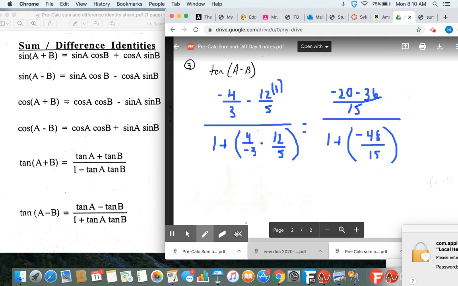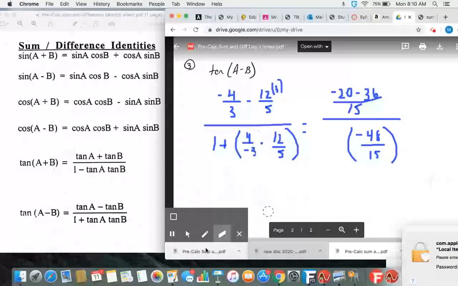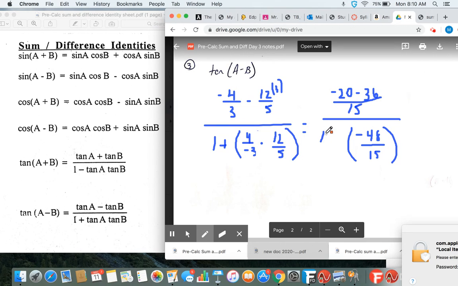Well, again, we need a common denominator. I'm going to save myself a little bit of writing here, guys. So we're going to erase that 1, and rather than thinking of it in that way, we're going to say, all right, this is going to be 15 over 15, right? That's the same thing as 1, but now it gives us the same denominator. I'm also going to just erase this.